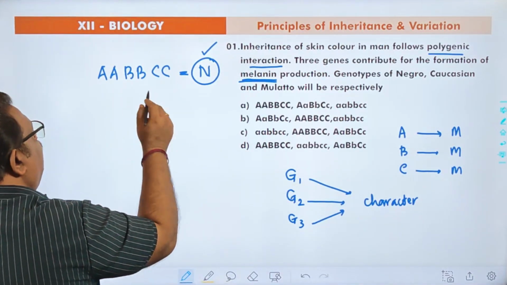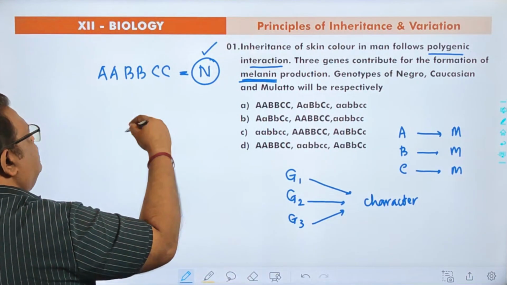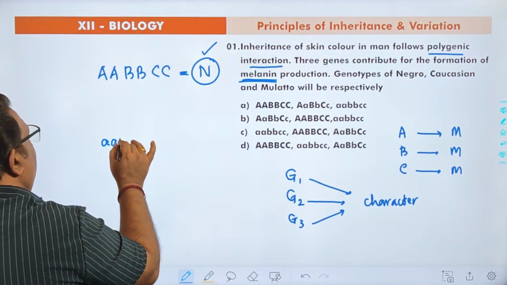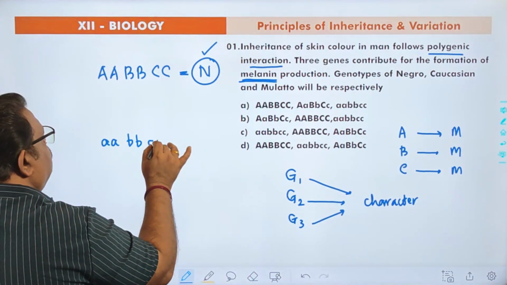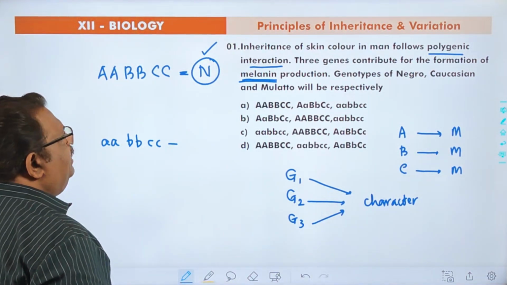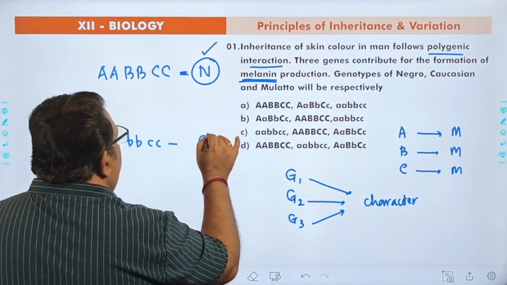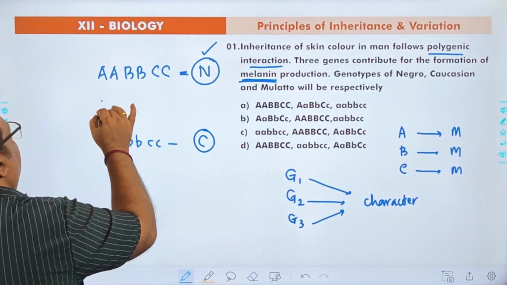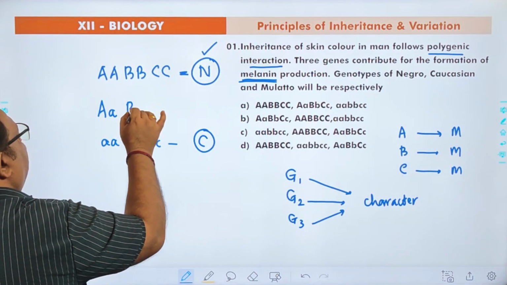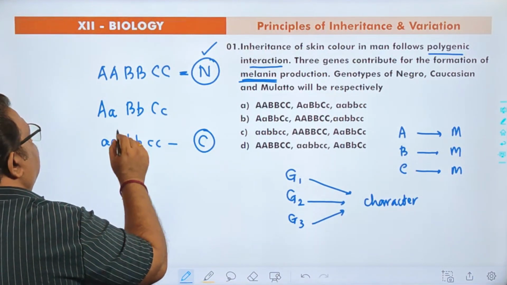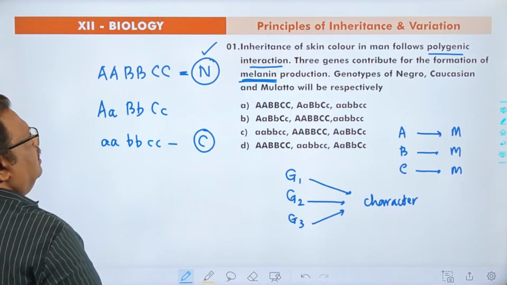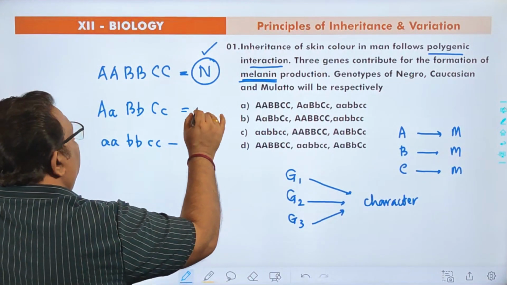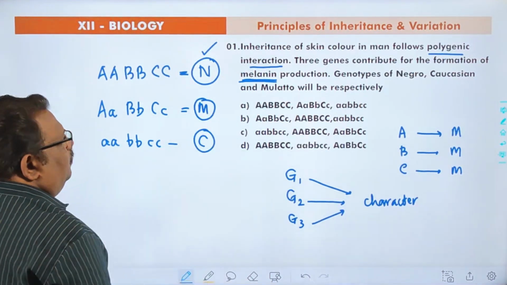Then if all the 6 alleles are recessive, that means small a, small b, small c, the minimum pigmentation is there. That phenotype is called Caucasian. So intermediate pigmentation can be capital A, small a, capital B, small b, capital C, small c. 3 alleles are dominant, 3 alleles are recessive. So there is an intermediate coloration that is called mulatto.